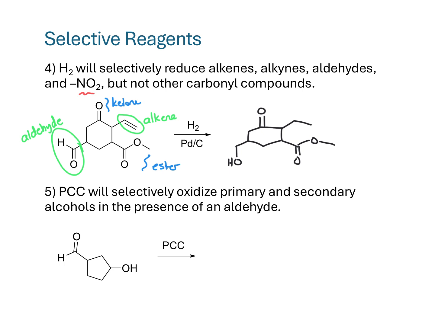The last one here is PCC. So we know that PCC is a mild oxidant that can oxidize a primary alcohol to an aldehyde. What that also tells us is that aldehydes are essentially inert to PCC.